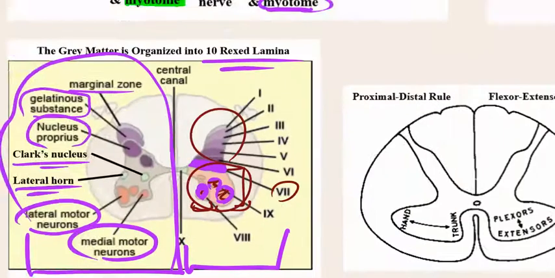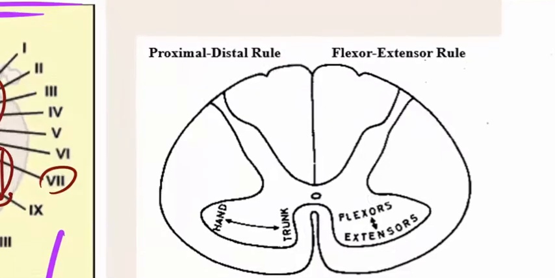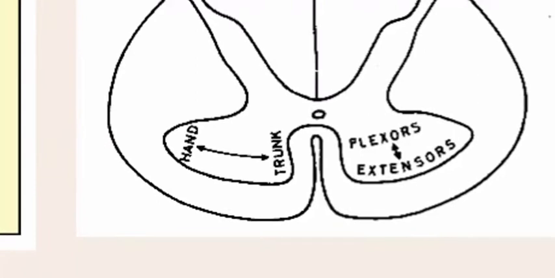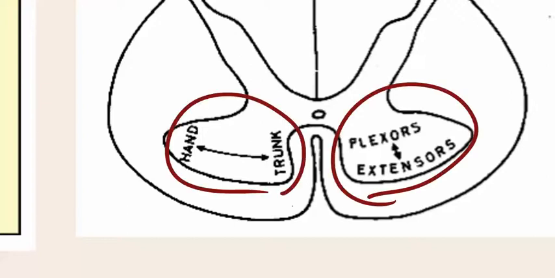Alright? Okay, now, there is a proximal distal rule and a flexor extensor rule. All this is saying is that depending on the location of those motor neurons here at the ventral horn, because the ventral horn is for motor neurons, that's going to tell you what kind of structures they are going to be innervating.